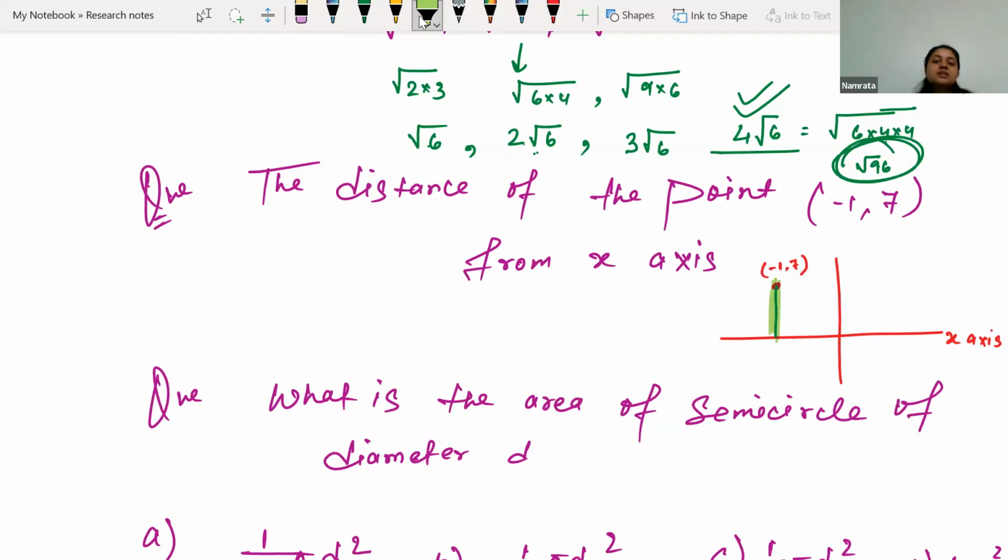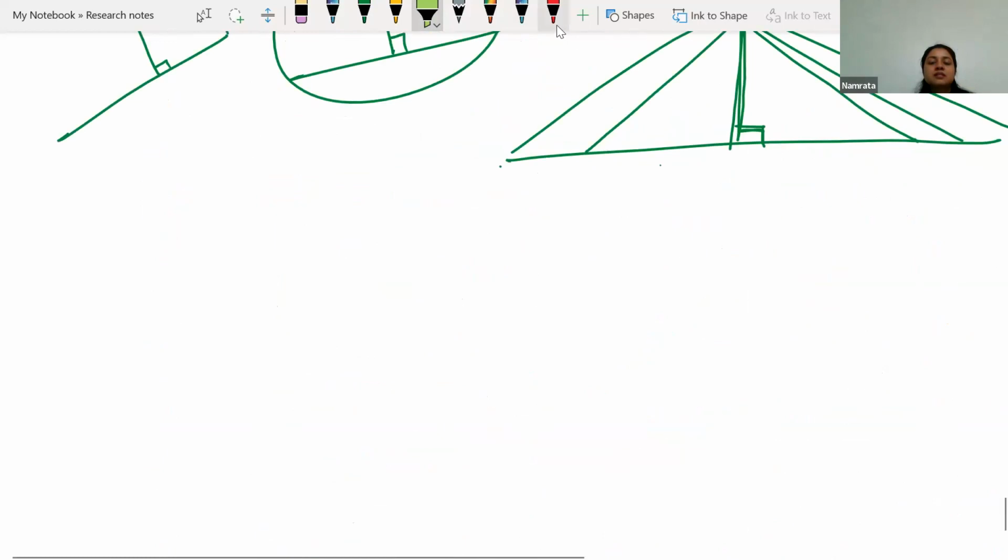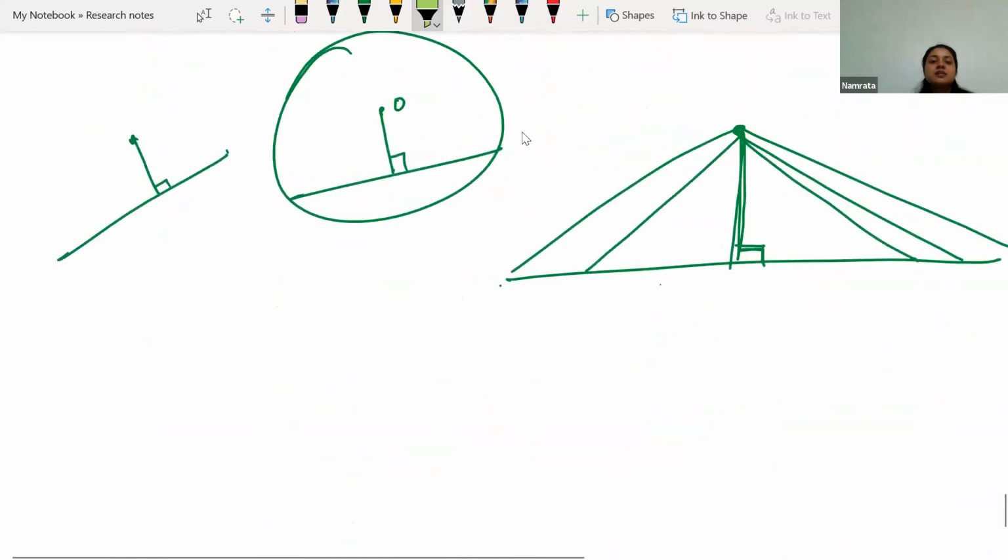Obviously, 7 is the distance. On the y-axis, it is 7. So 7 units is the distance of this point from the x-axis. Is it clear to everyone why we are taking 7? Yes, ma'am. Let's move ahead.